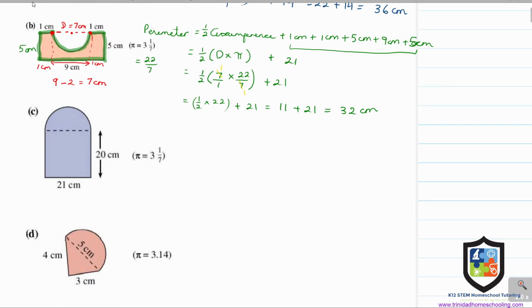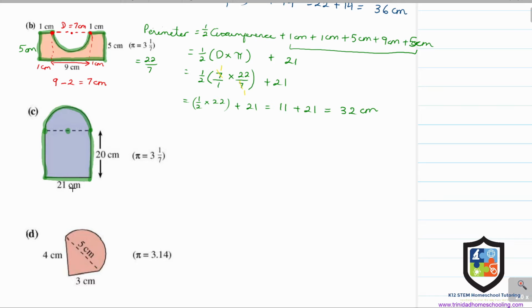Alright, so part C. We have here a rectangle and another half of a circle. We know it's a half of a circle because it starts from one end of the circle, passes through the center, and touches the opposite end on the circumference. So our perimeter here is made up of half of a circle and these sides here.